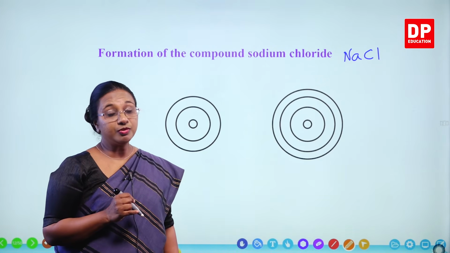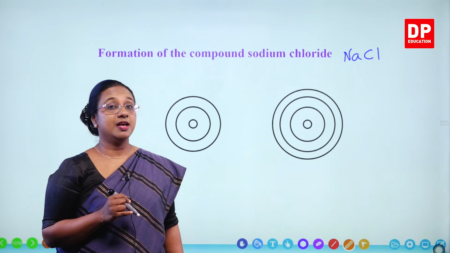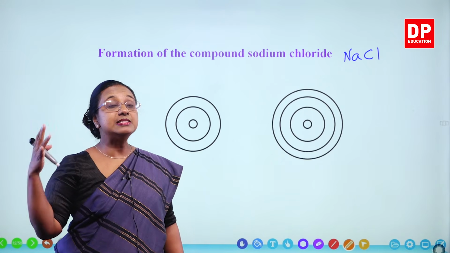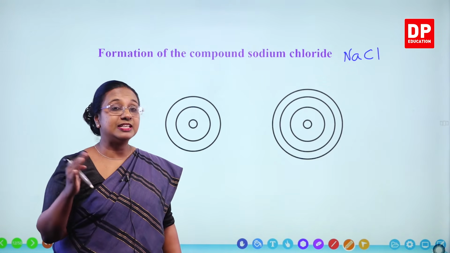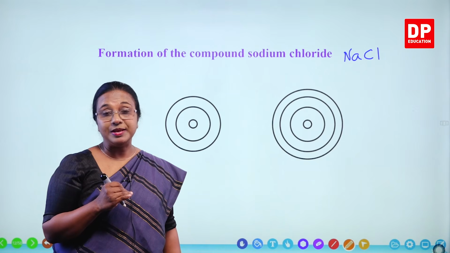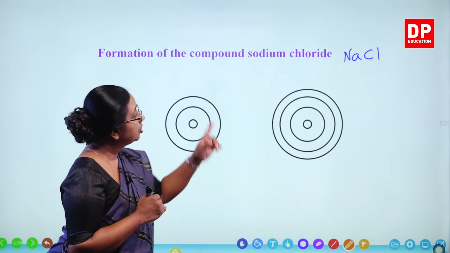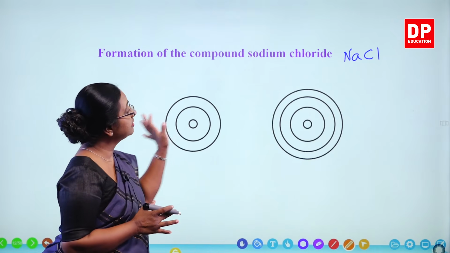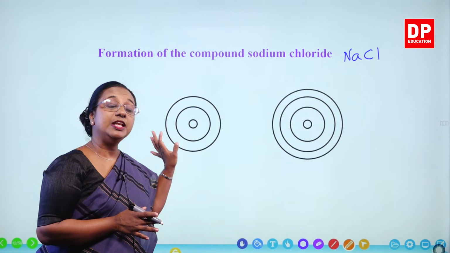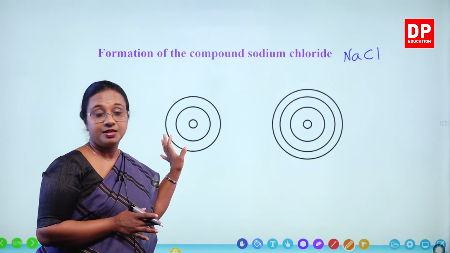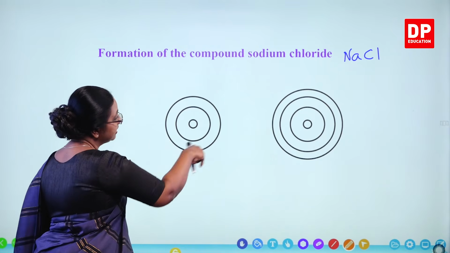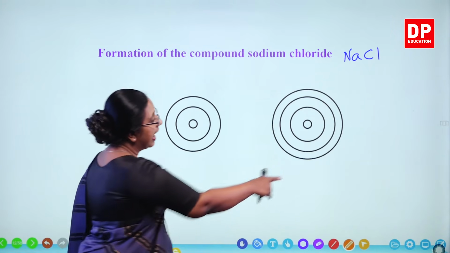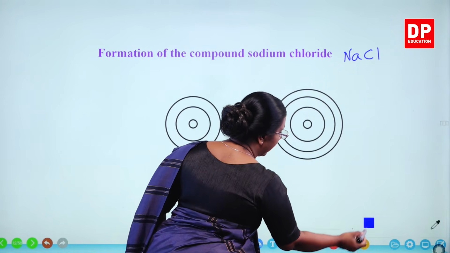This is an empirical formula because there are many ions combined together, so we take the simple ratio between the ions present. If we represent this as a compound, we need to use their ions. Now this is the sodium ion and that is the chloride ion.